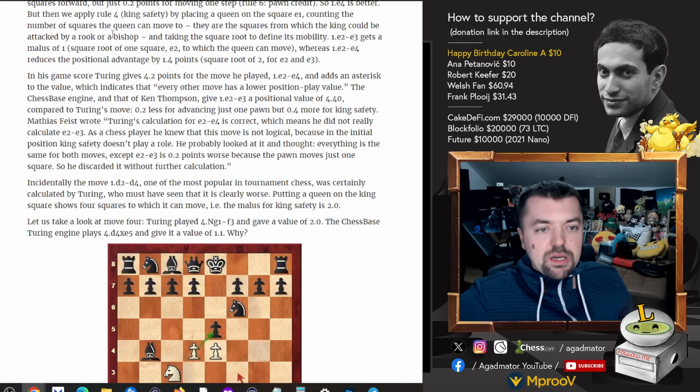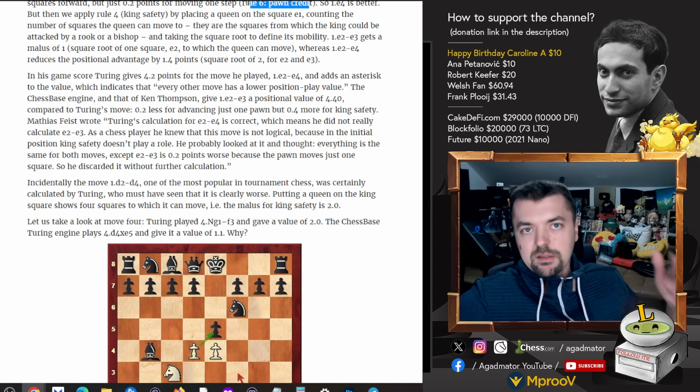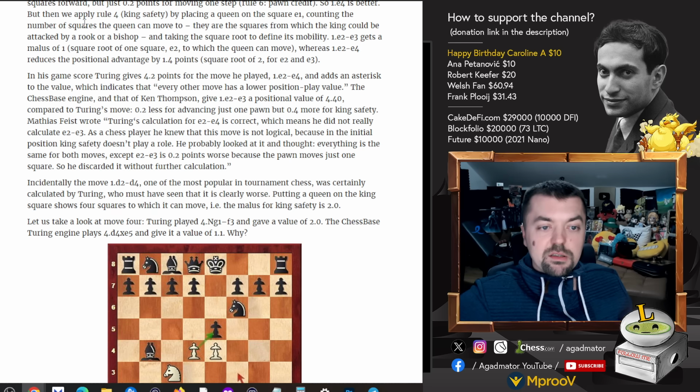And let us apply Turing's rules to the initial position. So the e-pawn gets 0.4 points for moving 2 squares forward, but just 0.2 points for moving 1 step. That's rule 6, pawn credit. So depending on how far the pawn has advanced, you get 0.2 points extra. So e4 is better, but then we apply rule 4, king safety, by placing a queen on the square e1.